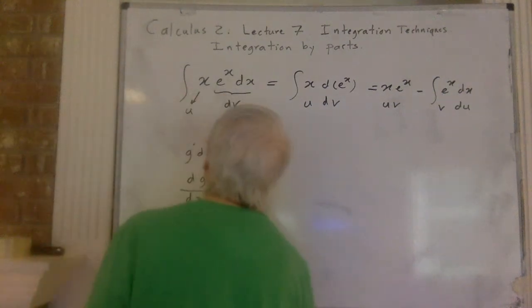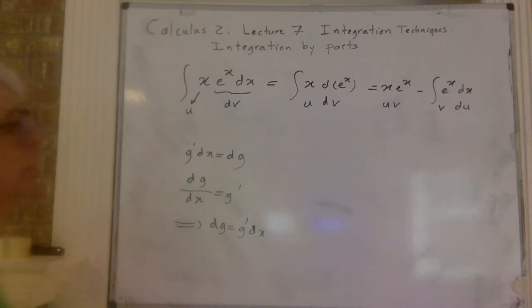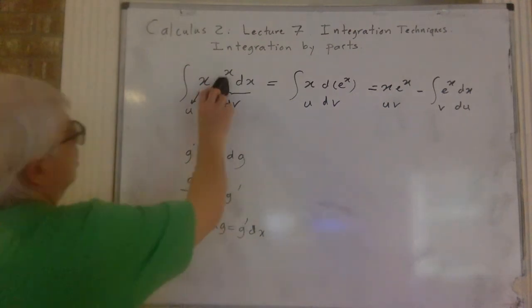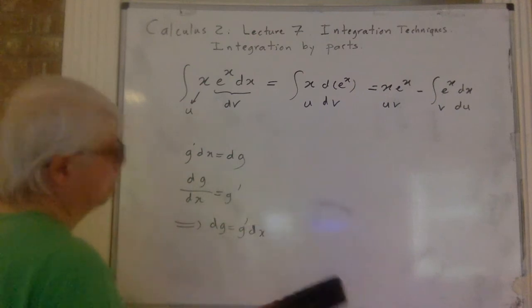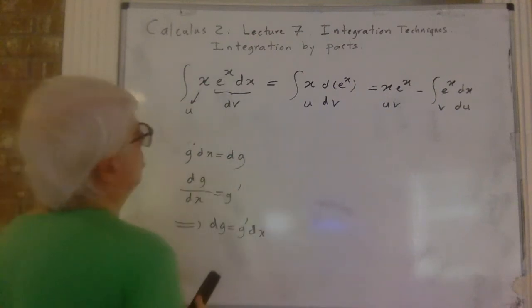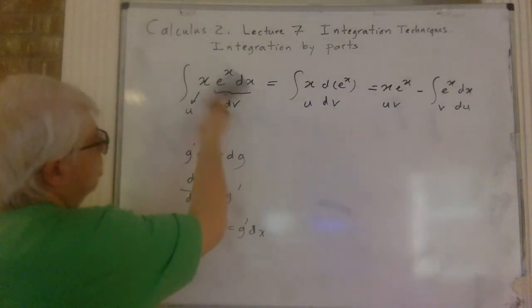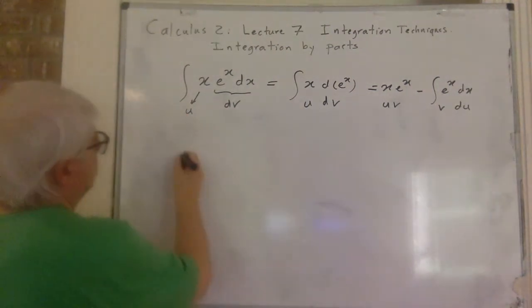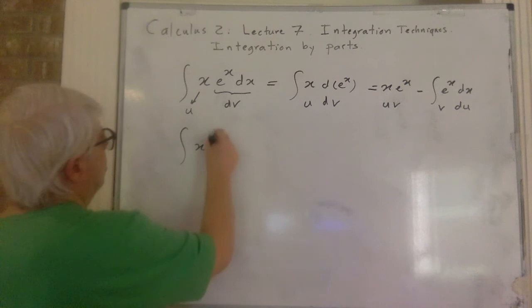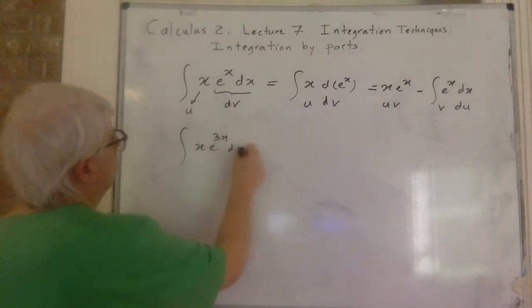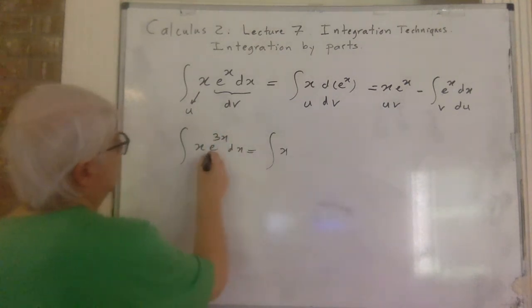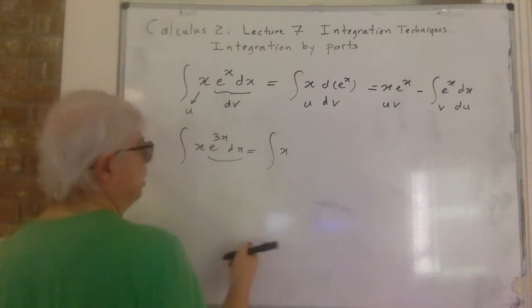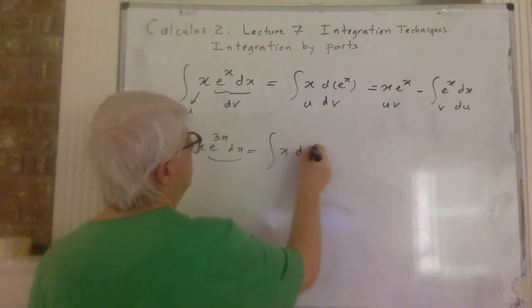Okay. So this format, as I said, is much easier for me. I immediately find in my mind, or on scratch paper maybe, the antiderivative of this and write it as d of that antiderivative. So for example, x e to the power 3x dx, I would write immediately as x, and this one is dv, so it is d of what?